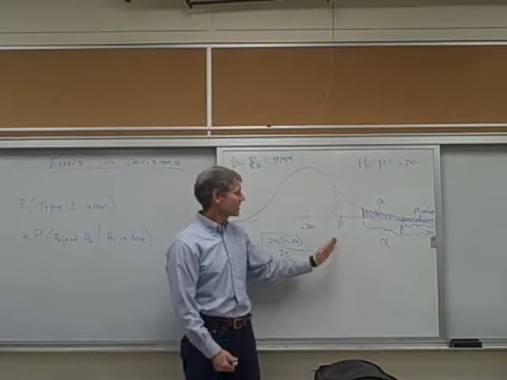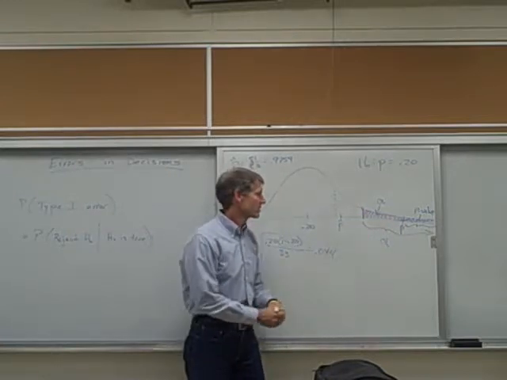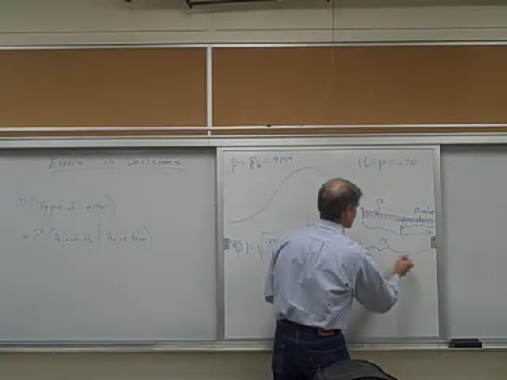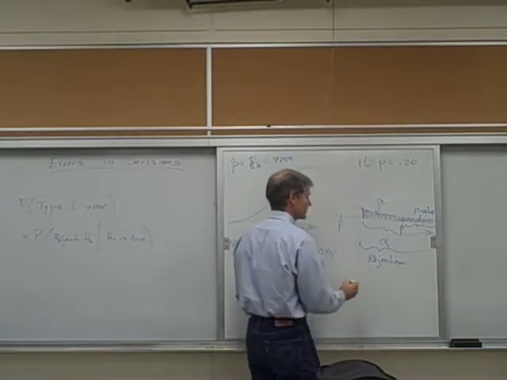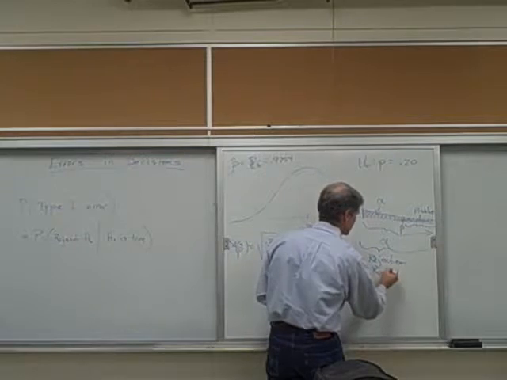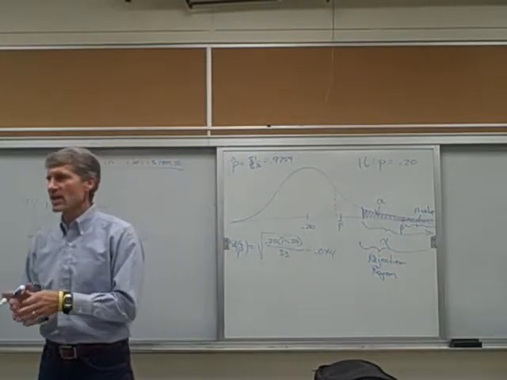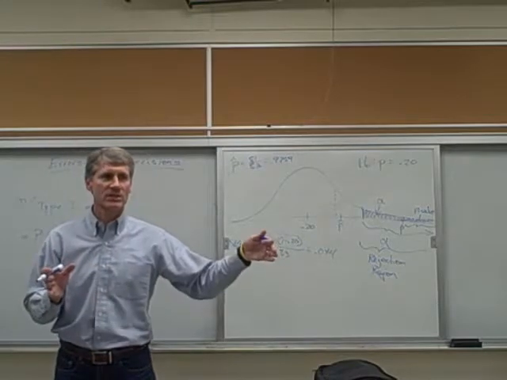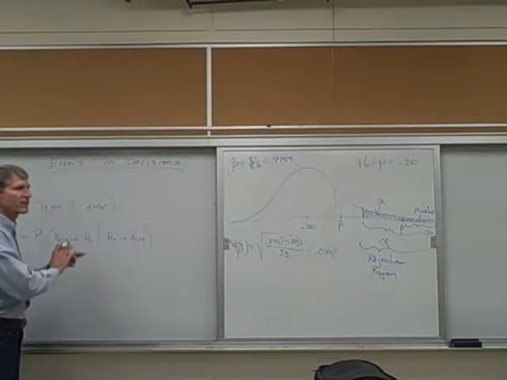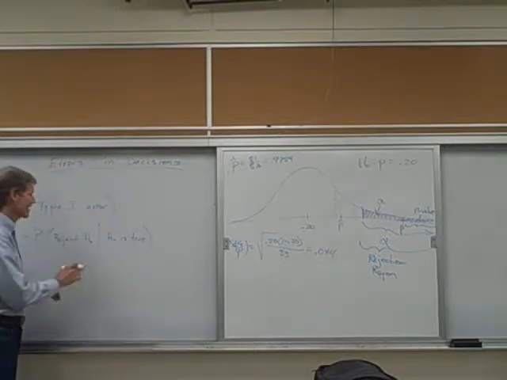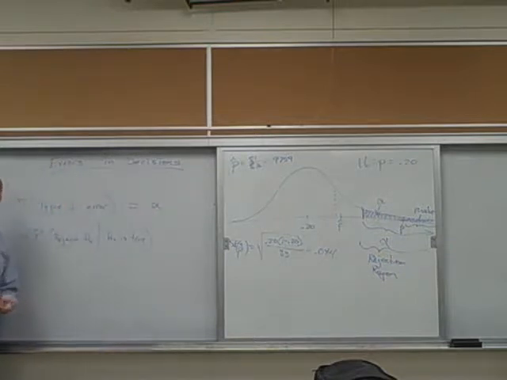The probability that p-hat falls out there is whatever that shaded region is. So this is what we call the rejection region. And you have an alpha percent chance of falling in the rejection region when the null is true. So this was an awful long-winded way to say that this probability is alpha.